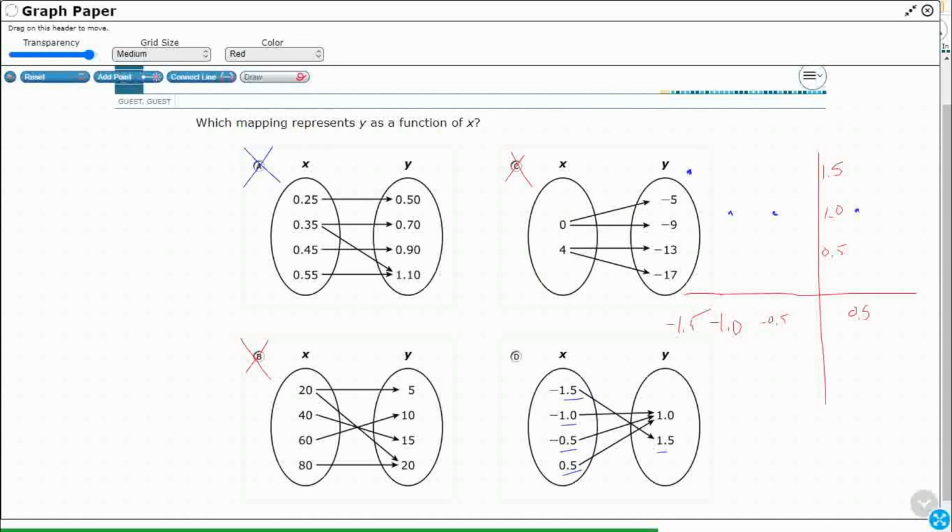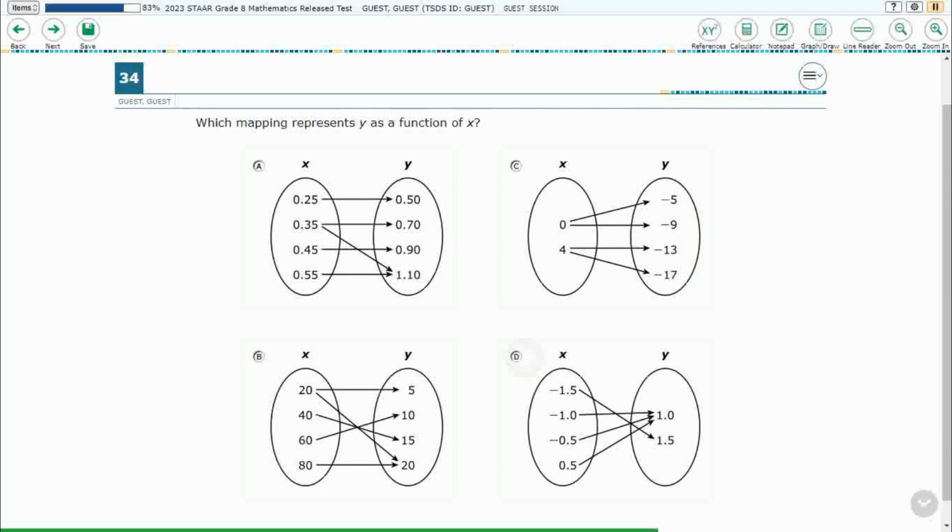Well, if you were to connect it kind of like this, yes. You could draw as many vertical lines as you want to, and you're not going to touch the graph twice. So each x goes to just one y, even if multiple x's share the same y, that's fine. Each x goes to just one y. My answer is D.